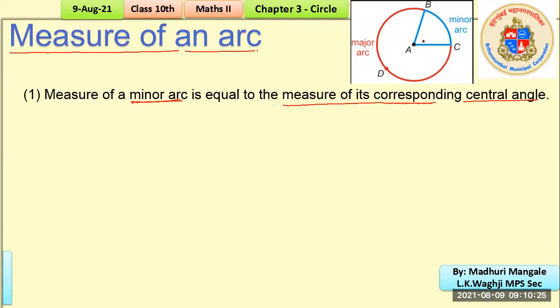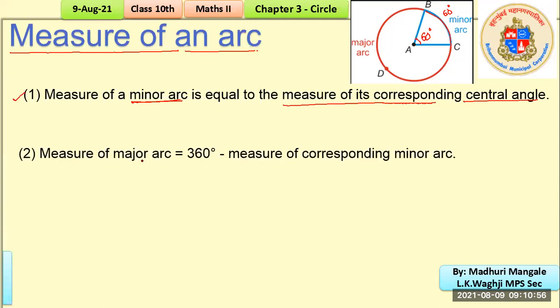Whatever central angle is given, that is the measure of the minor arc. We are not looking at the length of the arc, we are looking at the measure of the arc, in terms of degrees. So if this central angle A is 60 degrees, then the measure of this minor arc will also be 60 degrees. So that's the first thing.